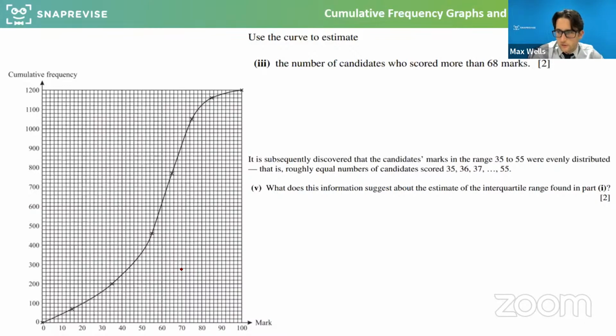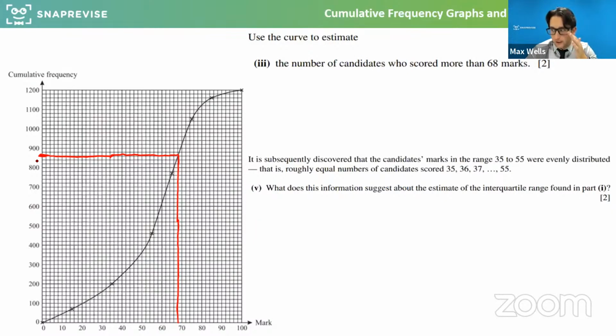And what we're going to do for this one is same sort of thing. We're going to go to 68, read up to the line, read it across. And we need to, again, be very careful here in how we interpret what the question has asked us to do. So the value we've got on there is 860.